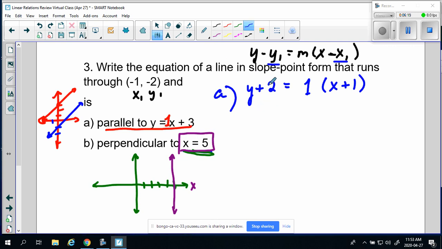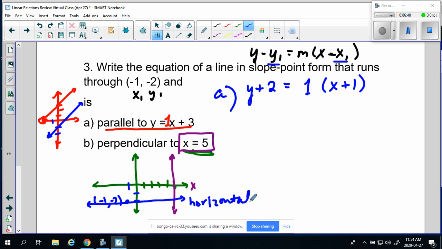So we are looking for a line that is perpendicular to this one and runs through the point -1, -2. Here's the point -1, -2. And if we want a line that is perpendicular to the purple one and runs through this point, we're essentially asking for this line here. A line that is perpendicular to a vertical one is a horizontal line.